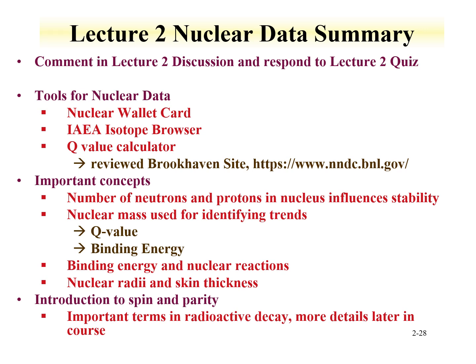Some important concepts that were covered in this lecture include that the number of neutrons and protons in a nucleus can influence the stability of that nucleus, that the nuclear mass is used for identifying trends, and we can understand this from doing Q-value calculations.